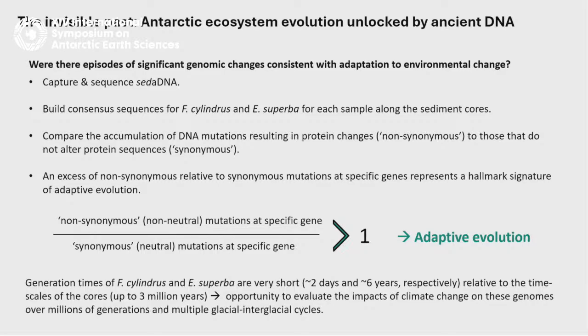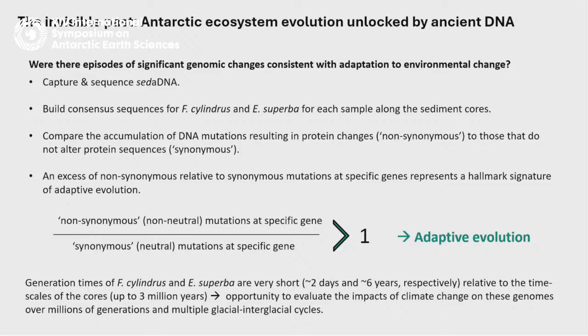And then we're pulling out those sequences of those organisms from the extracts, and then we're amplifying them, and then we're sequencing them. And when we get the sequences back, because we have many of them for this particular organism, we try and stitch them together where they overlap, generate longer sequences, and we do that for every sample that we've got, and so we can see mutations through time.